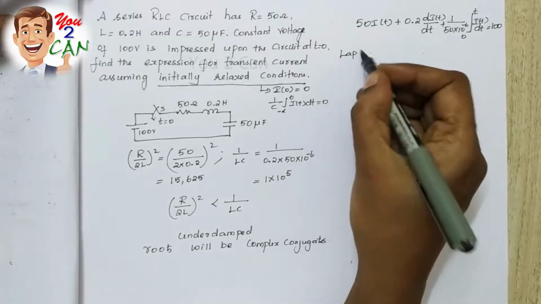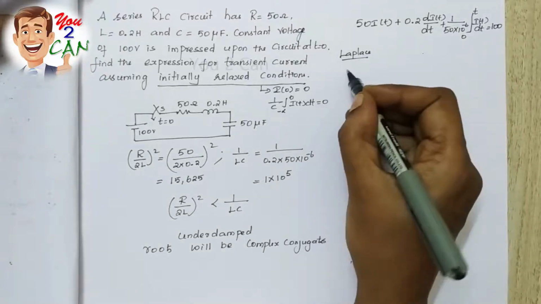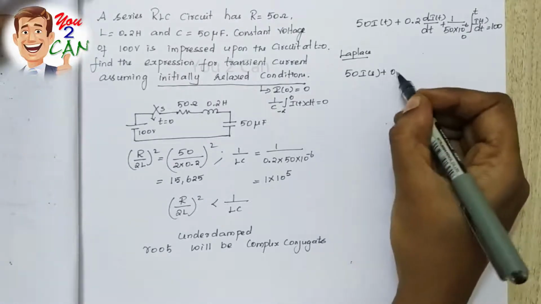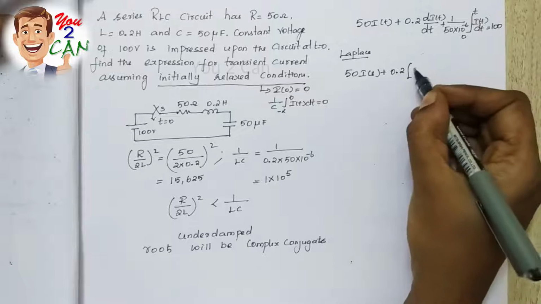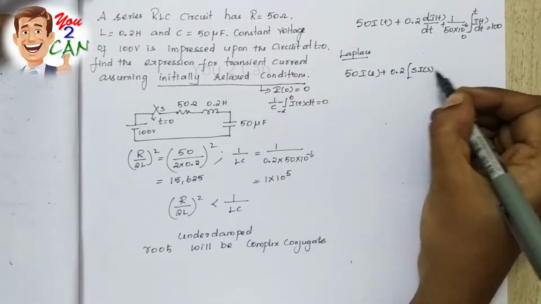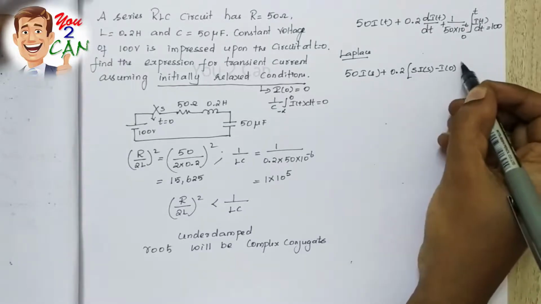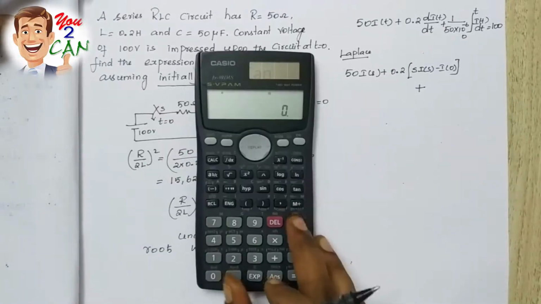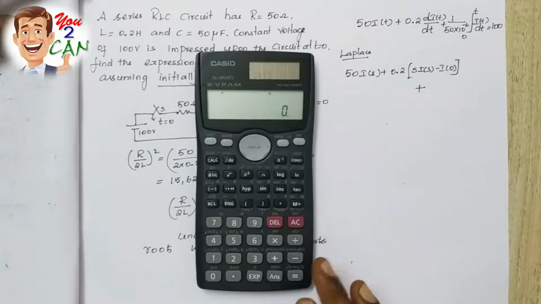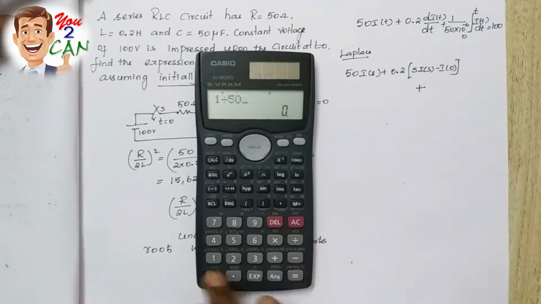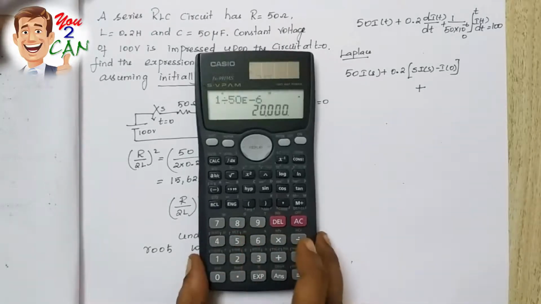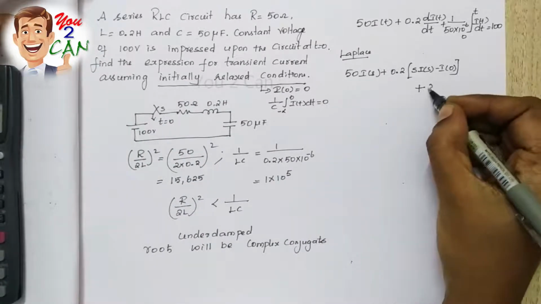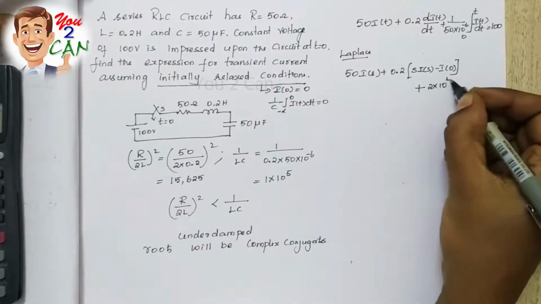Now take Laplace. 50 I(s) plus 0.2 times (s I(s) minus i(0)) plus 1 by 50 into 10 power minus 6. So 1 divided by 50 into 10 power minus 6 is taken as 20,000, that is 2 into 10 power 4.